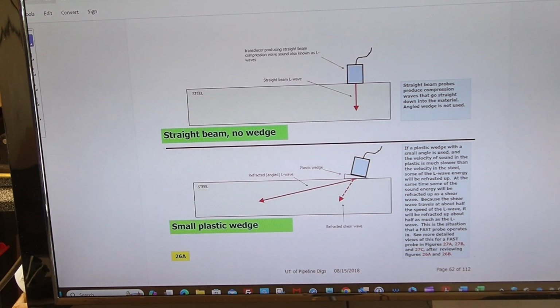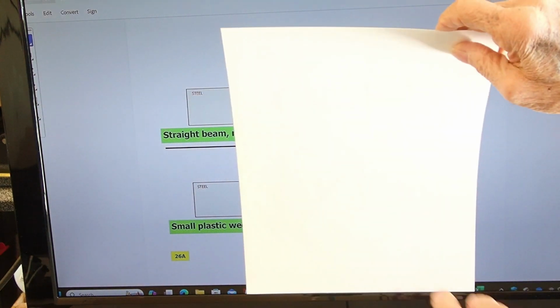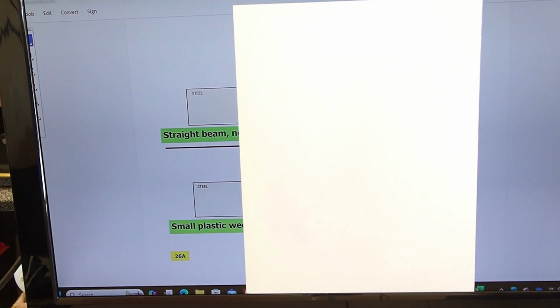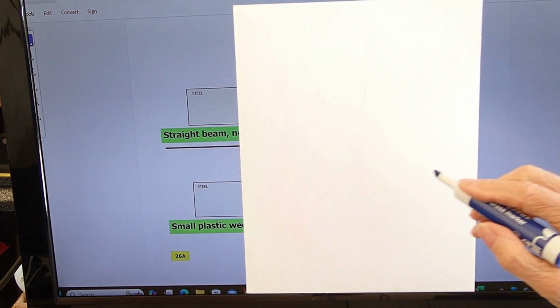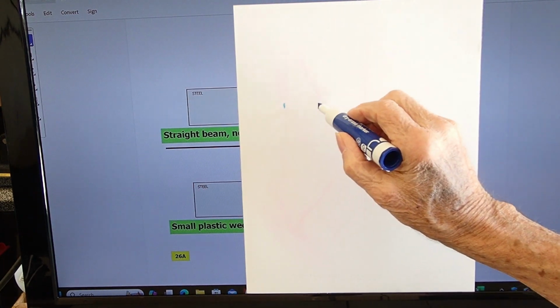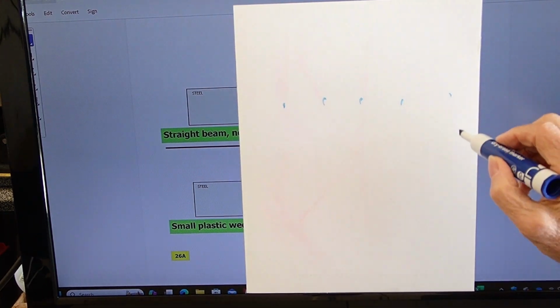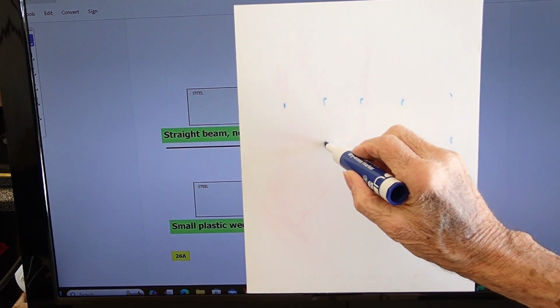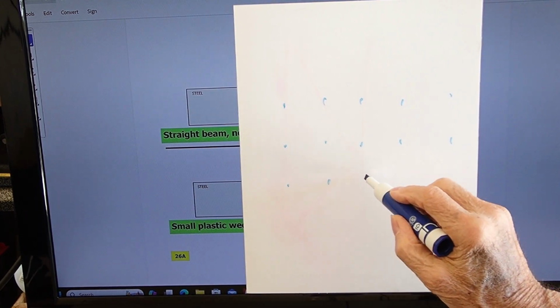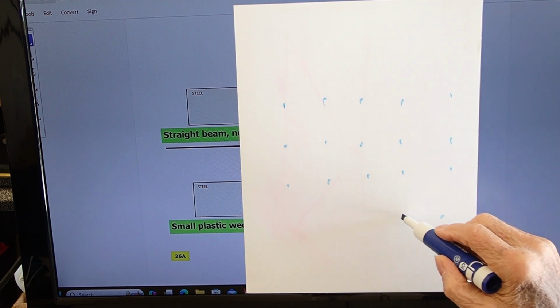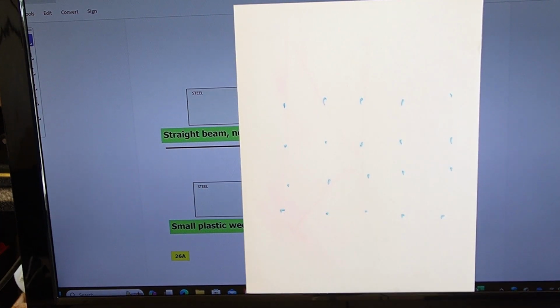And I think in 2018 I was at a UT class at what used to be Kraut-Kramer in Lewistown, Pennsylvania, and a fellow in the class, Ron Torello, said, "Oh, I can explain why that refracts to a shear there. It's because it's steel, and all the molecules in there are in a lattice, and they're all connected to each other with very strong covalent bonds, or whatever the chemical bonding is there.